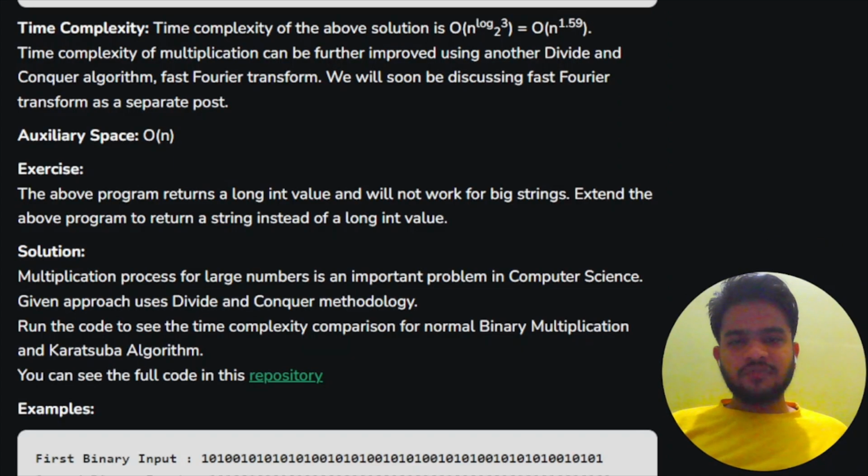The time complexity of the above solution is O of n power log base 2 of 3, equal to O of n power 1.59. The time complexity of multiplication can be further improved using another divide and conquer algorithm, fast Fourier transform. We will soon be discussing Fourier transform as a separate course.